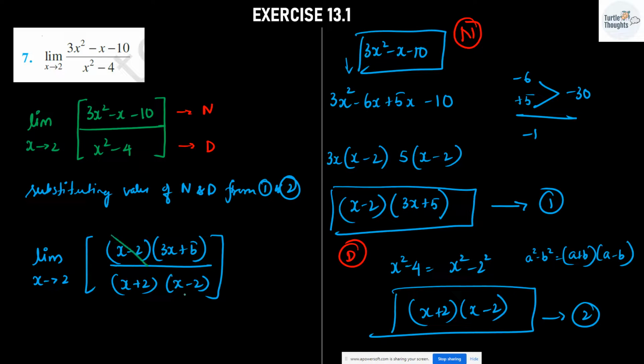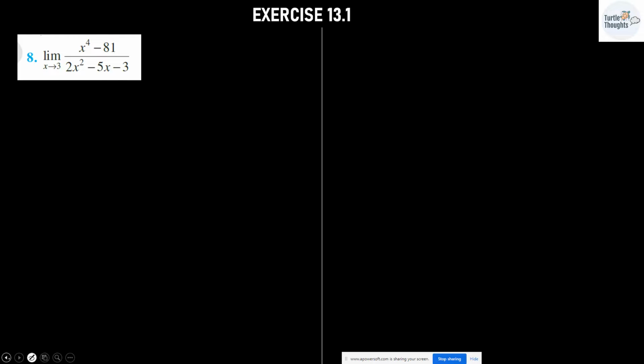Now I can cancel x minus 2 with x minus 2. So I will be left with limit of x tending to 2, 3x plus 5 over x plus 2.